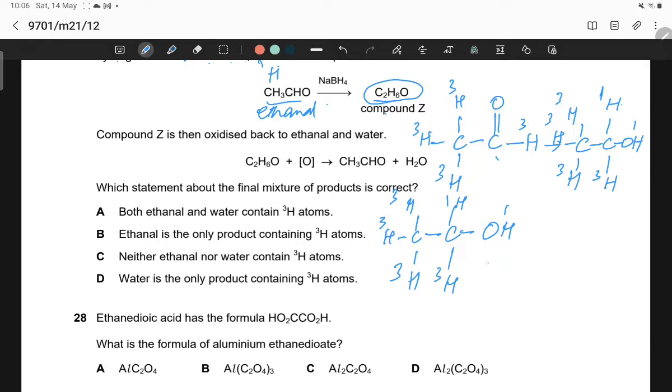So this is oxidized to CH3 and plus water.